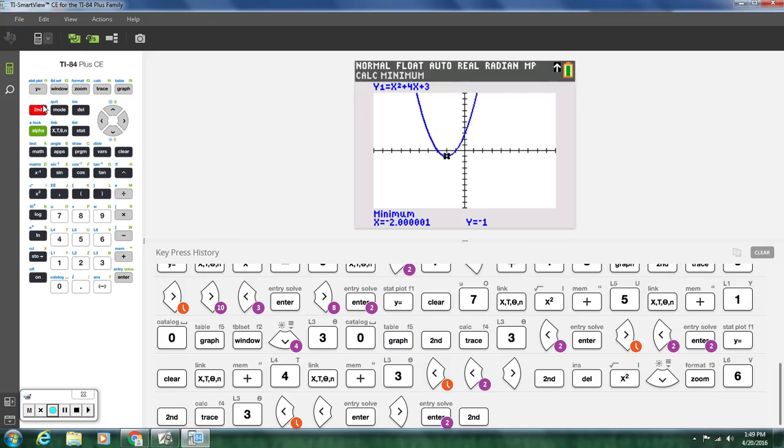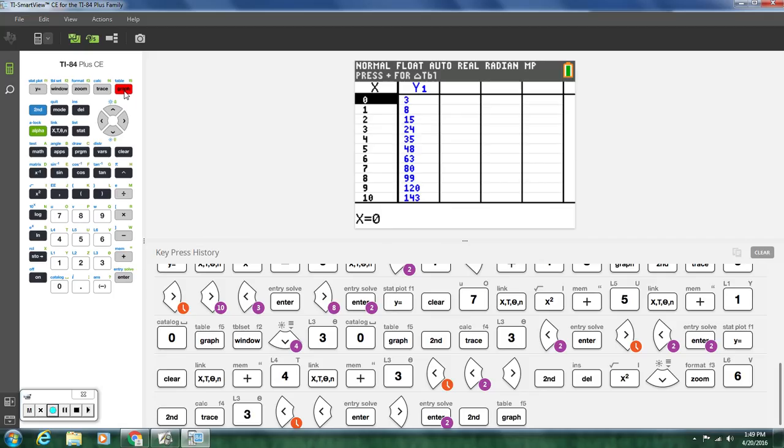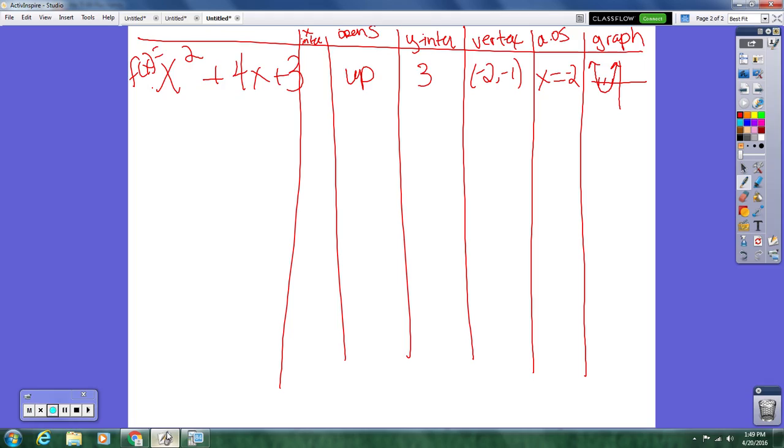So if I looked at my table and saw where there were some zeros, I could find my x-intercept. Where does that sucker cross? At -3 and -1. So on my x-intercept column, I could put -3, -1.